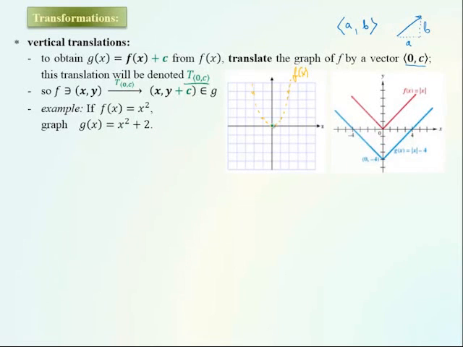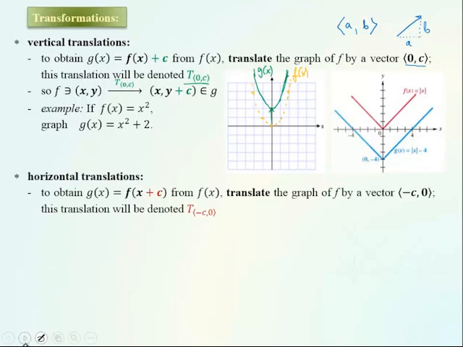Therefore, every important point, for example the vertex, will be moved 2 steps up. So it's here. (1, 1) will be moved 2 steps up. (2, 4) will be moved 2 steps up, and so on and so forth. Therefore, we can make the final shape somehow like this, and this is our g of x, the green shape.